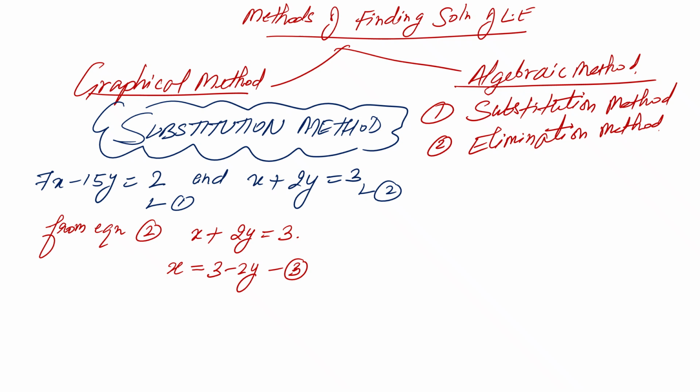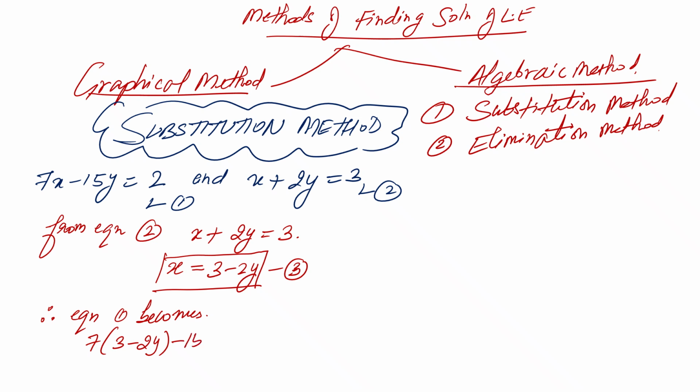So we have found out the value of x from equation 2. अब देखो अगर हमने 2 यूज किया है तो we will put it in equation number 1. So therefore equation 1 becomes 7 times x की जगह आ जाएगा 3 minus 2y minus 15y equals to 2.